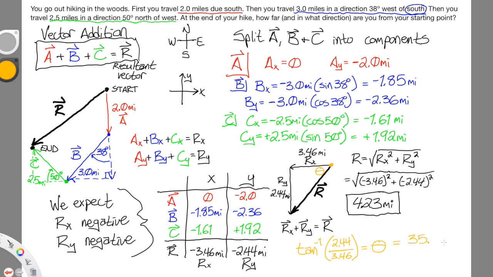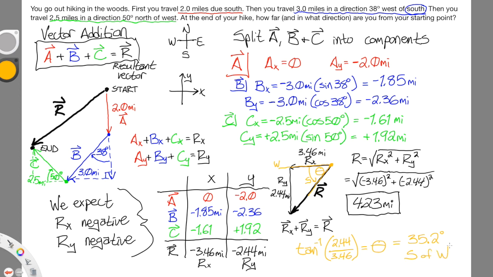which for this problem turns out to be 35.2 degrees. But all angles need a reference, just like the west of south from above. So this angle is measured between this line and the actual vector itself. Well, this line, the x component there, points west. And then we measure our angle south from there. So we say that this is 35.2 degrees south of west.